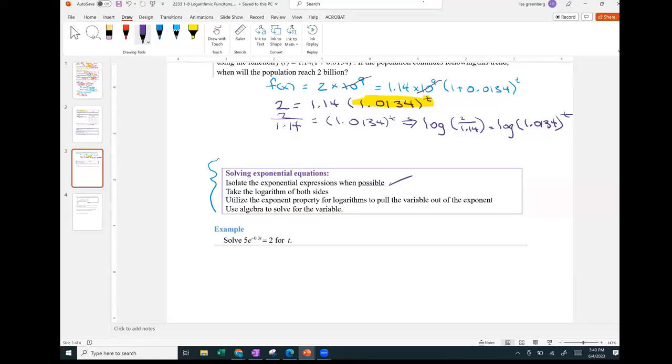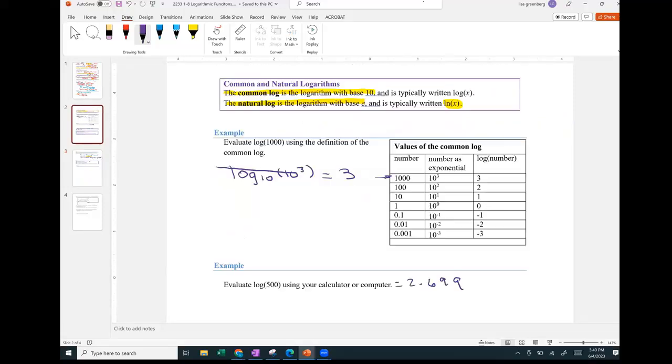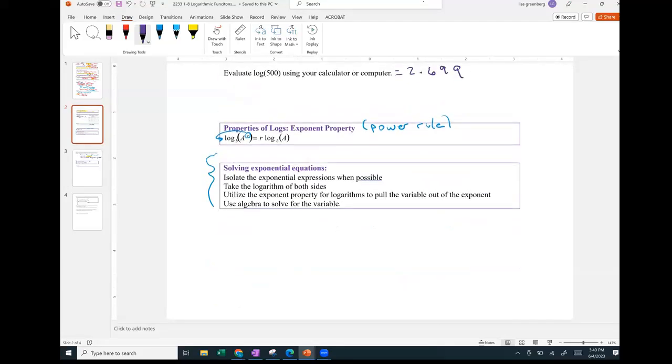Now, use the exponent property for logarithms to pull the variable out of the exponent. That's one way to do it, or we can use our power rule. So our power rule says that if we have log base b of a to the r power, we can move this r in the front, and then we just have log base b of a. That's what I'm going to do.